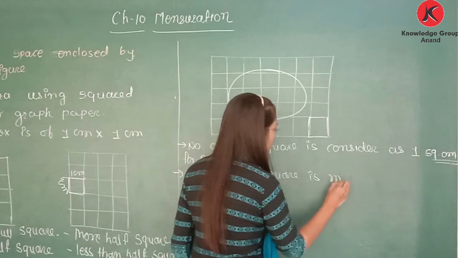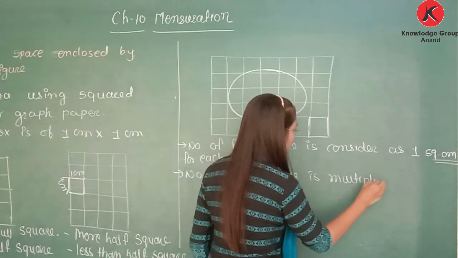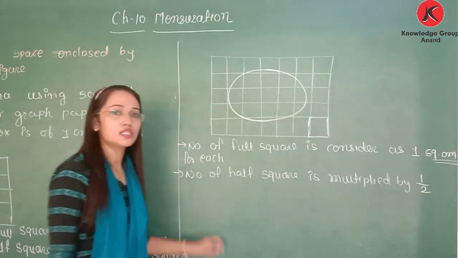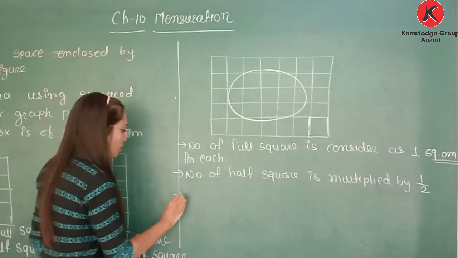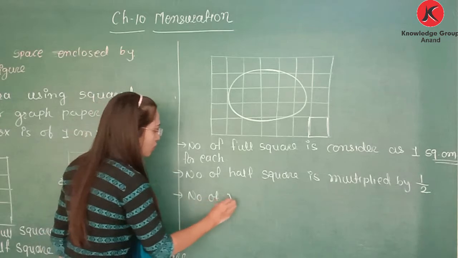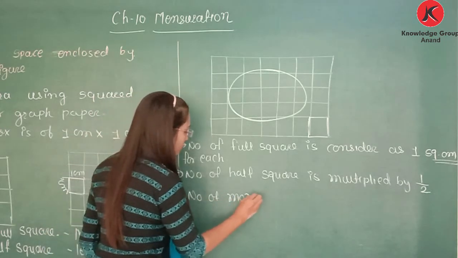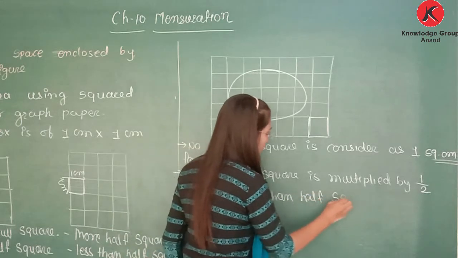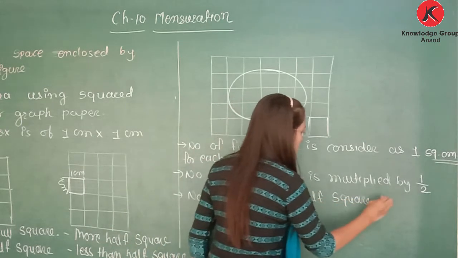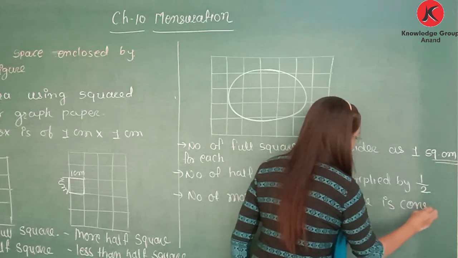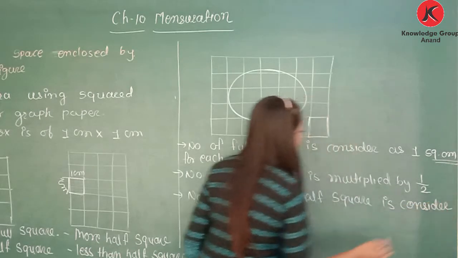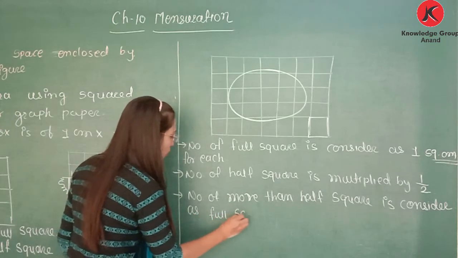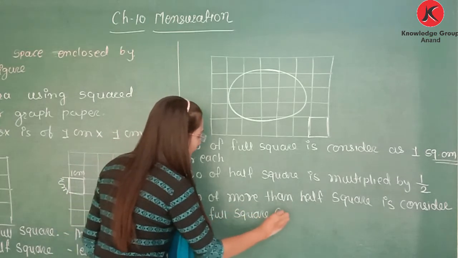Is multiplied by 1 by 2. That will be its area. Number of more than half square is considered as full square, or you can say 1 square unit.